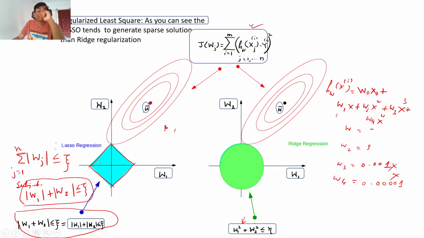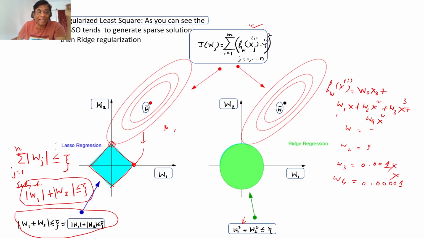And then satisfying this constraint, your optimum value will be either this, or if this touches here, the optimum value could be this, like that. So what is happening here?